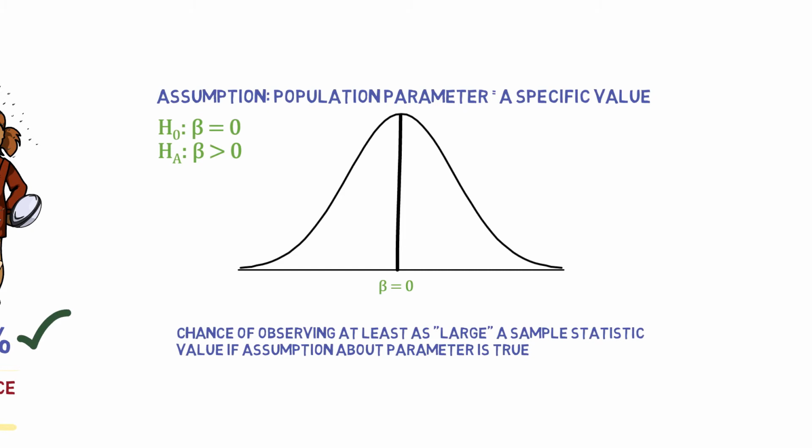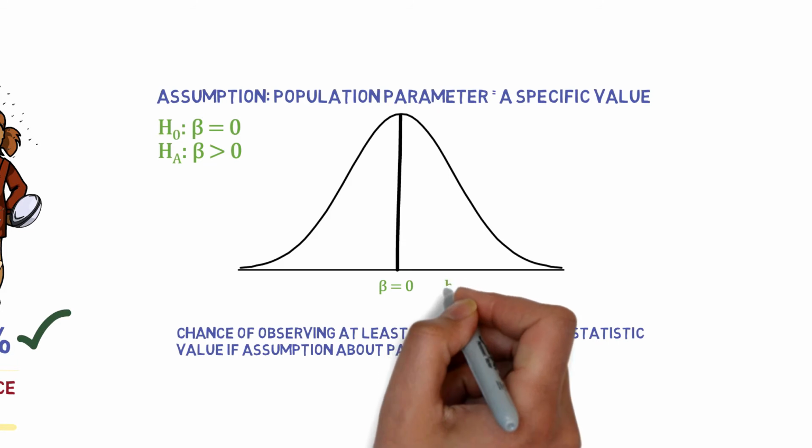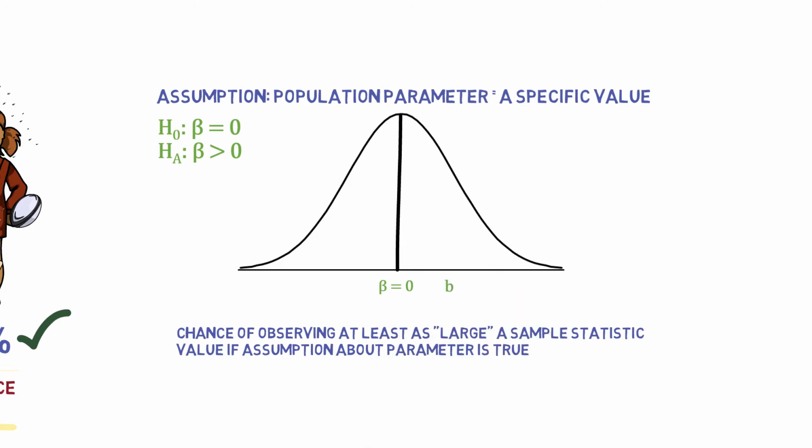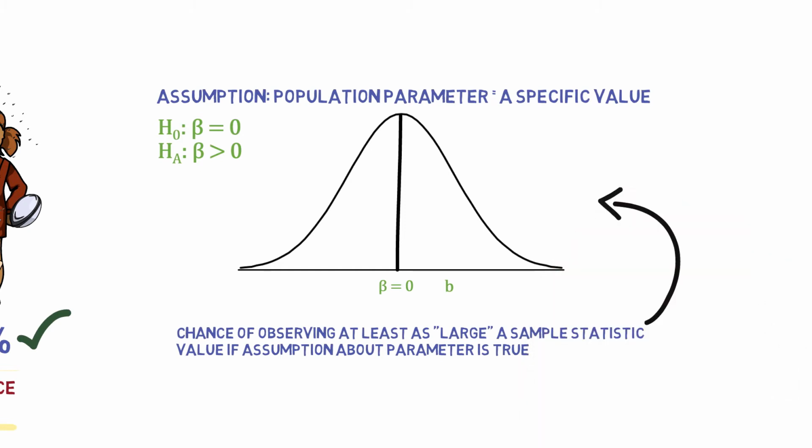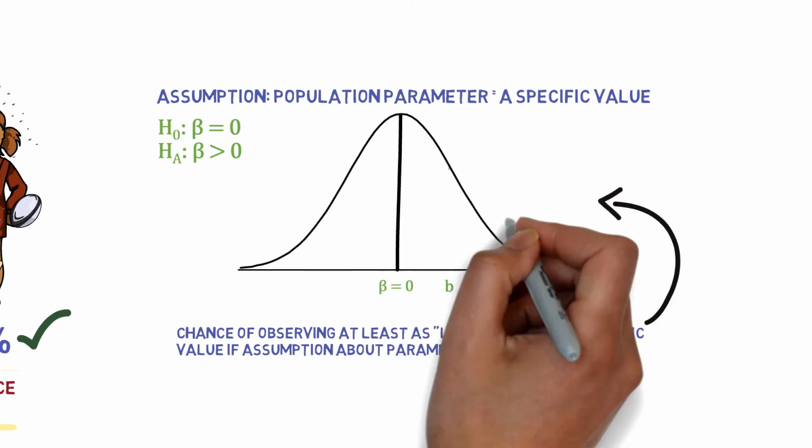And now we want to calculate the chance that we get a test statistic as large as the one we did. So we take a sample, suppose we find a sample regression coefficient b. Now with the sampling distribution of b, we can find exactly the probability that we would get a test statistic as large as the one we did. And suppose in this case, it is 20%.